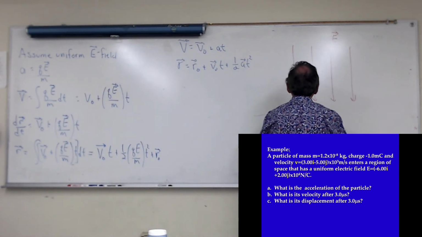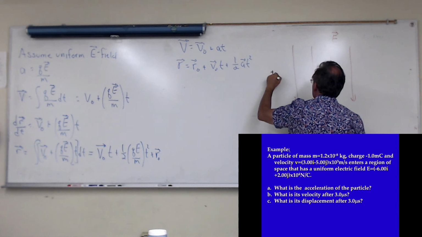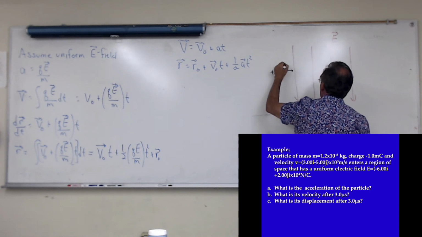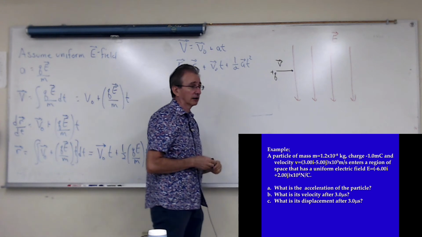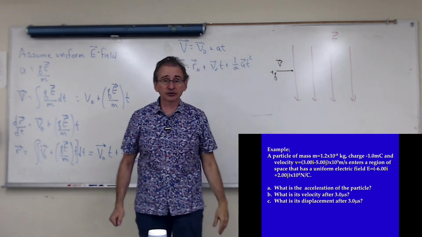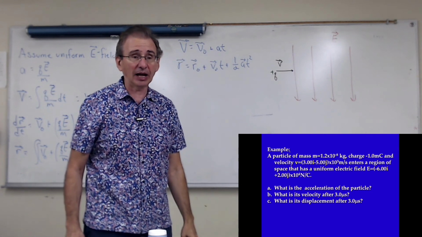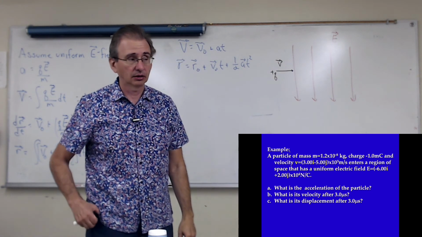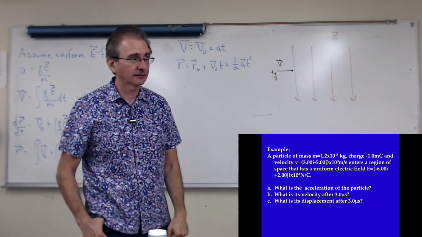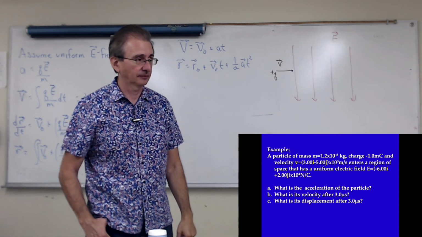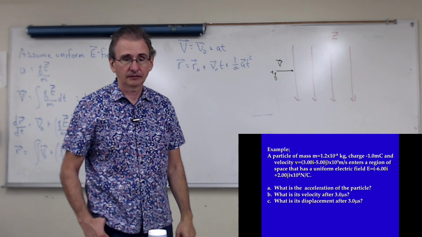And suppose I have a positively charged particle with some initial velocity v moving to the right. What happens when it enters the region where it has the electric field? What's going to happen to the particle? You tell me. Anybody?